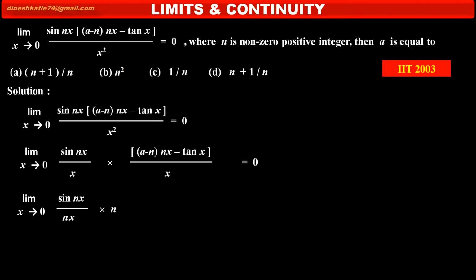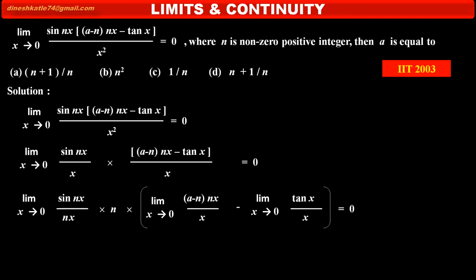To get denominator nx, we have to multiply the denominator by n, so we have to multiply the numerator also by n, into bracket limit x tends to 0 a minus n into nx upon x minus limit x tends to 0 tan x upon x is equal to 0.